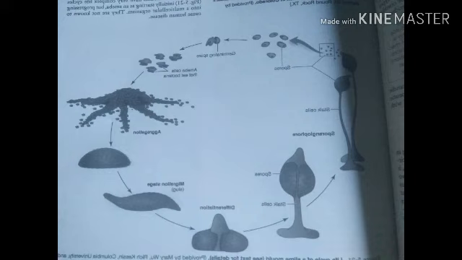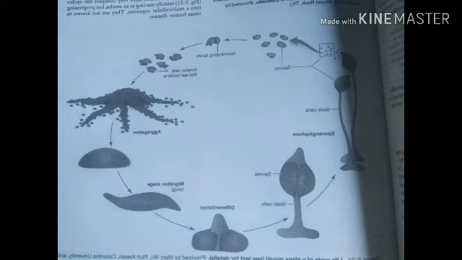So this is the process of slime molds. It starts with spores, down to germinating spores, to amoeba cells that eat bacteria. The next stage is aggregation, then a migration stage.